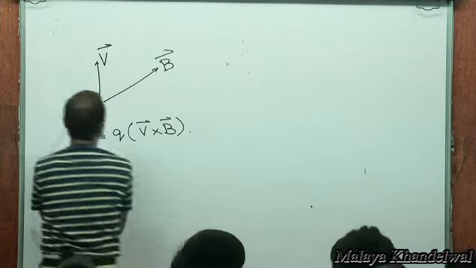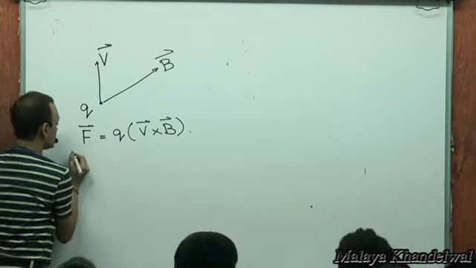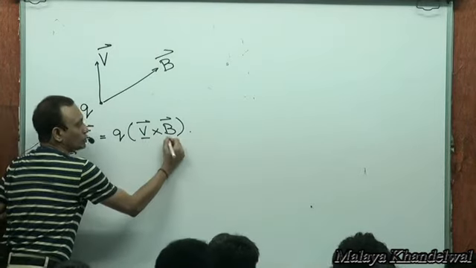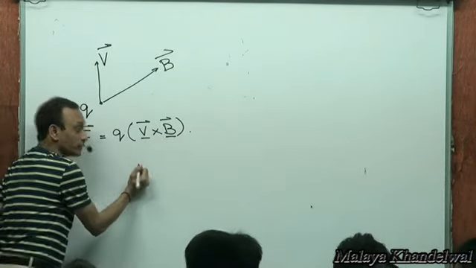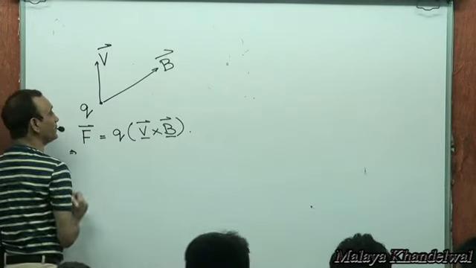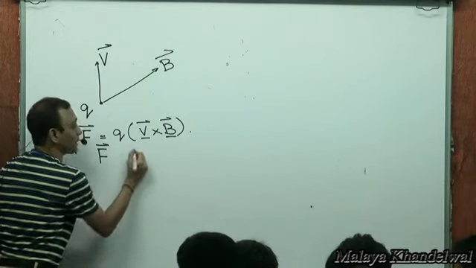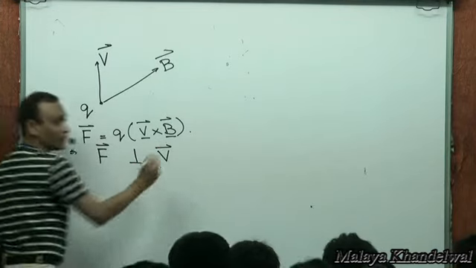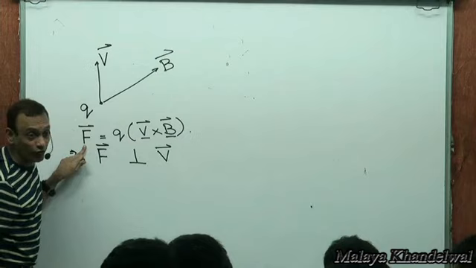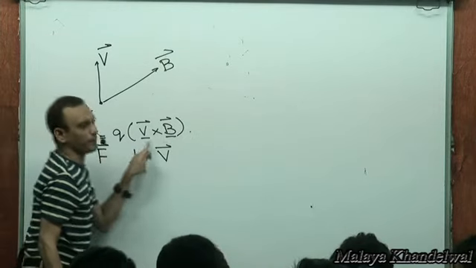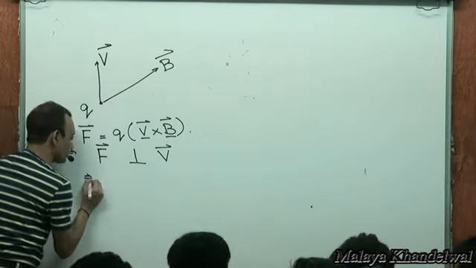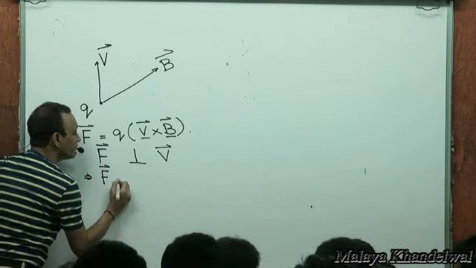Very clearly, this force F is perpendicular to the plane containing V and B, and will therefore be perpendicular to V, the velocity of the particle. The magnetic force that the charge experiences will be perpendicular to V, and therefore F dot V will be 0.